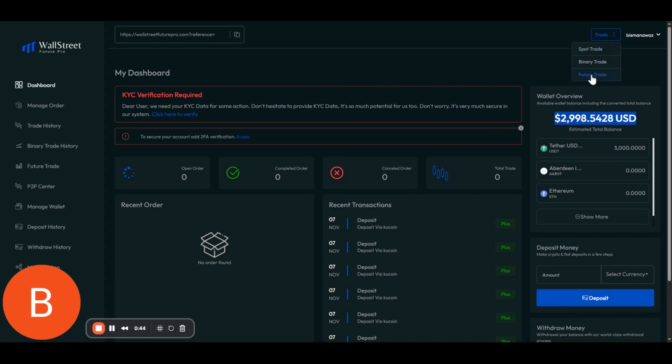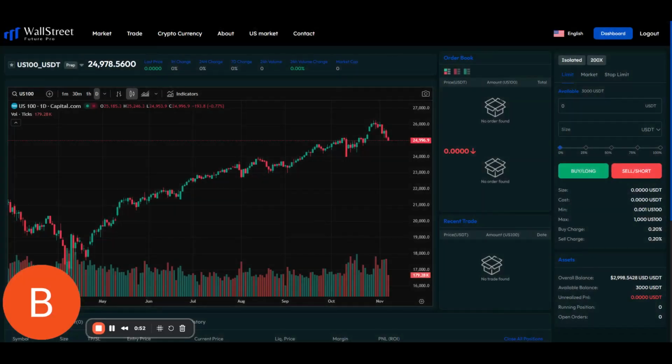Let me go to this future trading. So basically over there is 100 US 100. I will buy approximately to my 1500 and buy long.